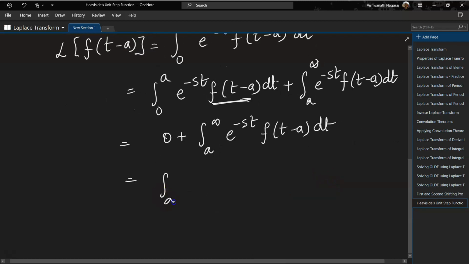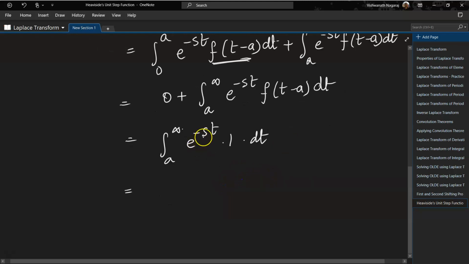Okay, now in this step we will say e to the power of minus st. Remember, when t is greater than or equal to a, f is 1, times dt. So the integral of, and this we can ignore now. Now the integral of e to the power of minus st is what?